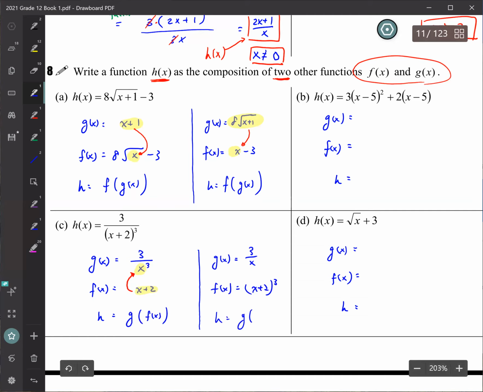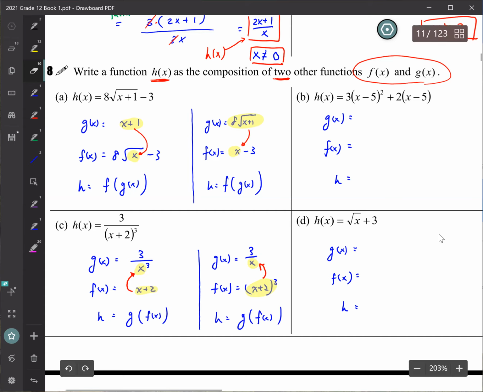Okay, so f is inside. Let's double check one more time quickly here. You put that in, and it should give you that. Okay, both options are correct. If you have something else different, let me know.